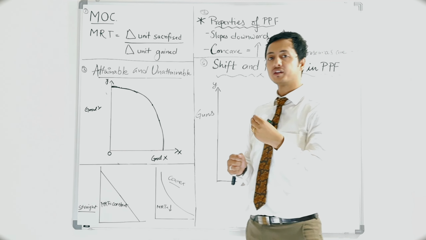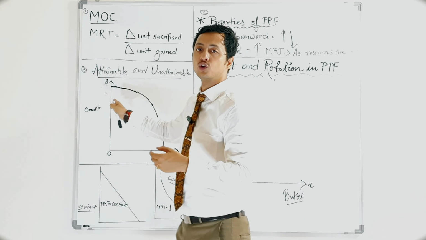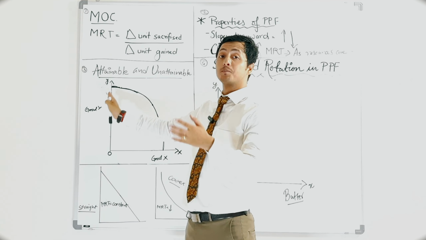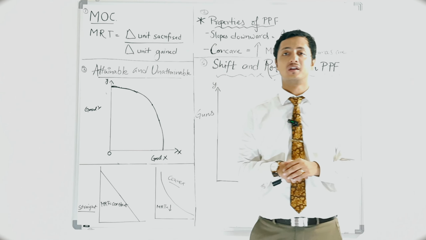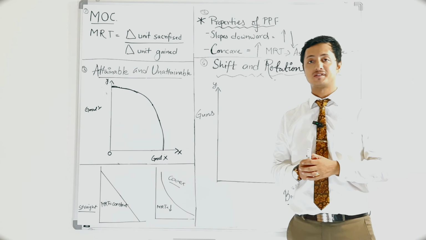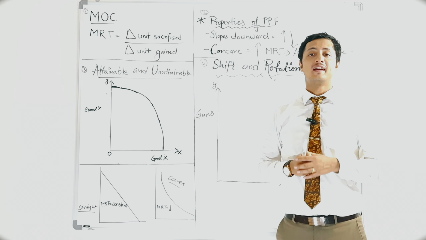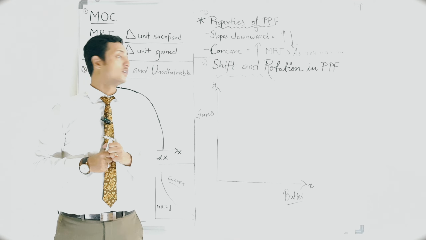Just imagine, previously you were employing some of the resources in producing good Y, now you are transforming all the resources that were producing good Y to good X. So they will be less efficient. That's the reason why more and more of one good is sacrificed, which increases the marginal rate of transformation. That's the reason why the PPF curve is concave to the origin.